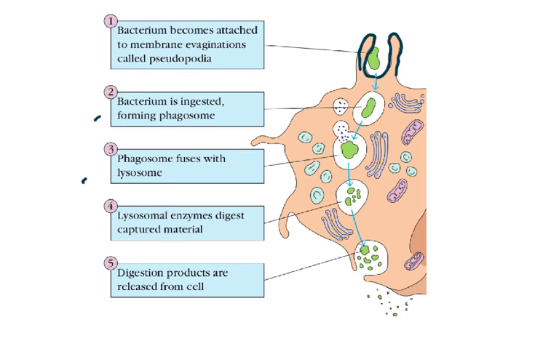So these enzymes, which could be a protease or a lipase, will digest the wall and the membrane. So the phagosome fuses with the lysosomes, and the lysosome enzymes digest the captured material, and the digestion products are released from the cell. So phagocytosis: engulf, ingest, digest, and then of course the products are released from the cell.